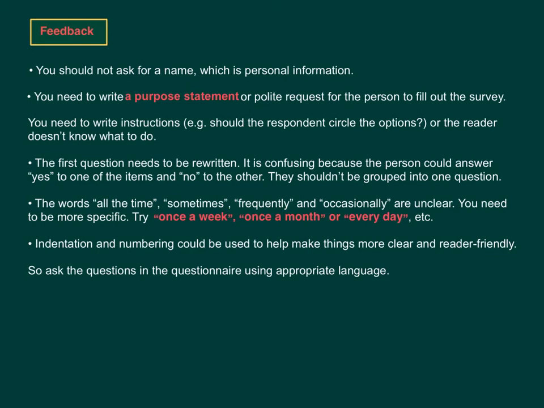You need to be more specific. Try once a week, once a month, or every day, etc. Indentation and numbering could be used to help make things more clear and reader-friendly.